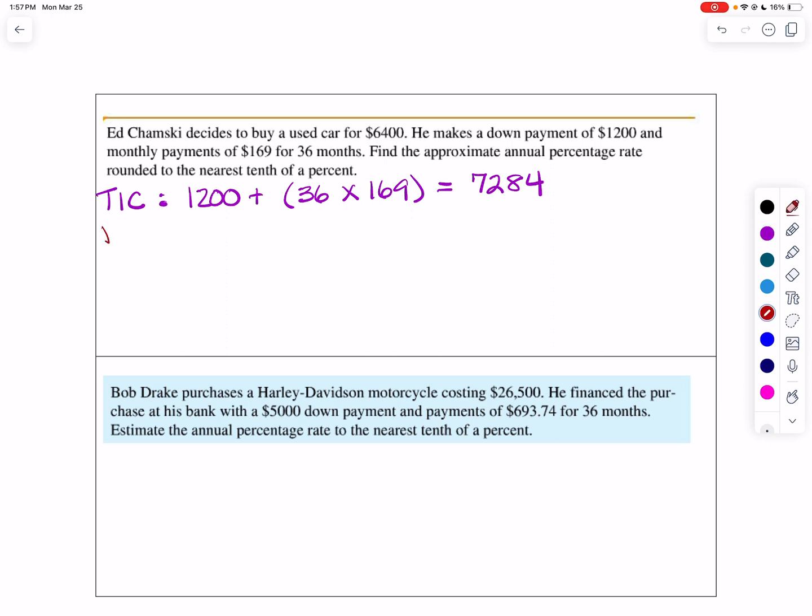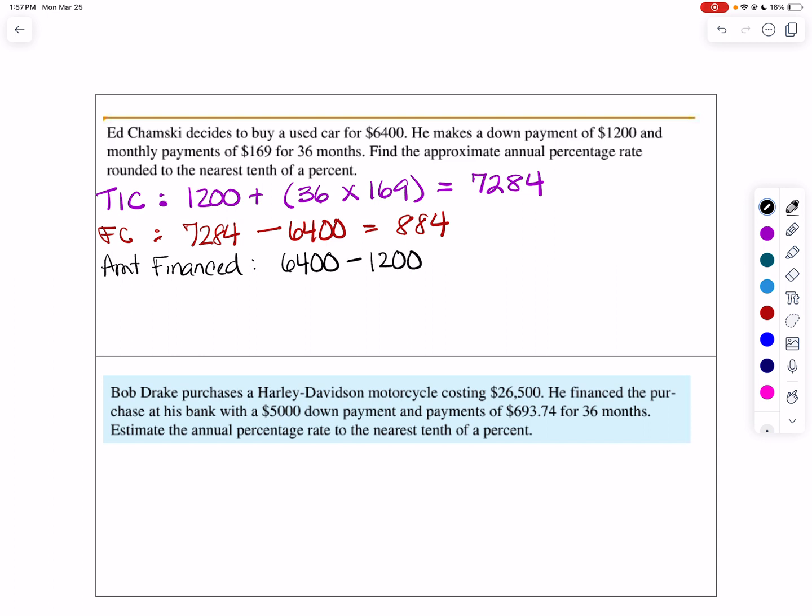The finance charge is that number, $7,284, minus the original cost of the car of $6,400, which says we paid $884 in finance charge. Then we've got the amount financed, $6,400 minus $1,200, which is $5,200.